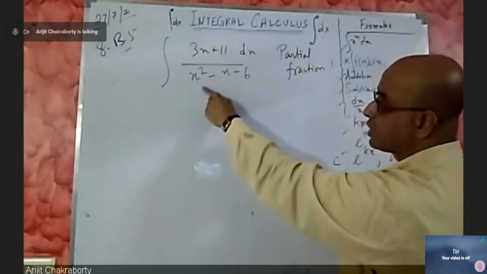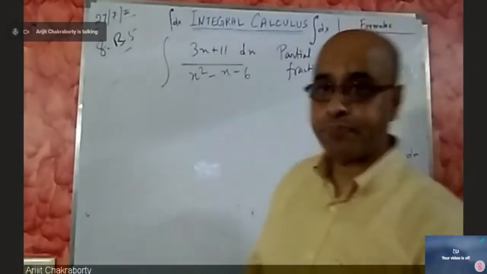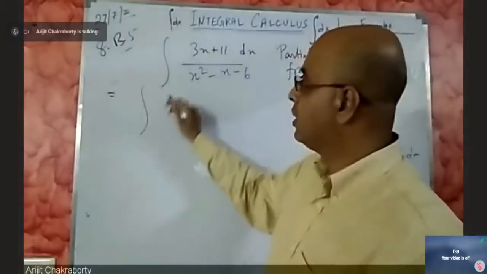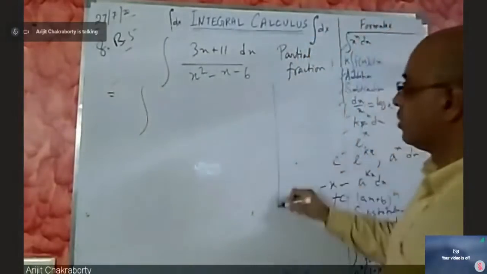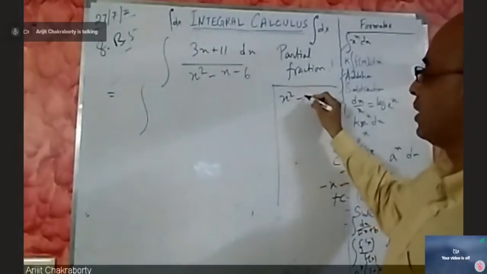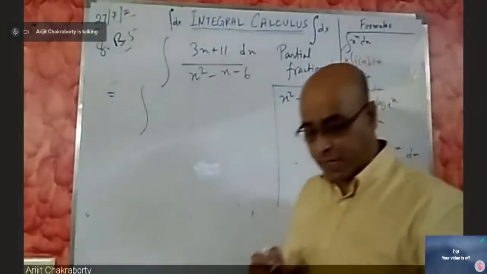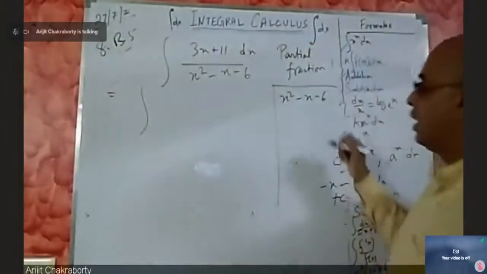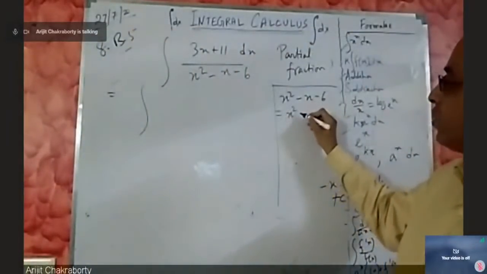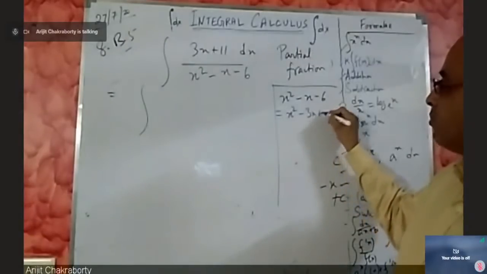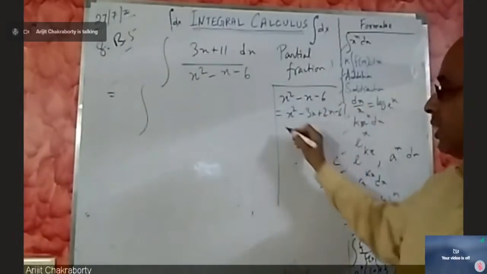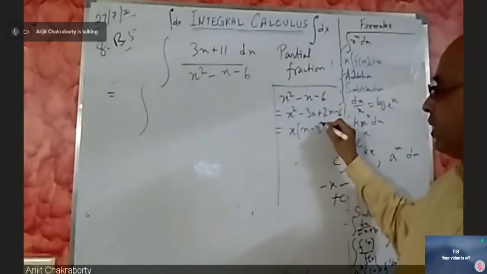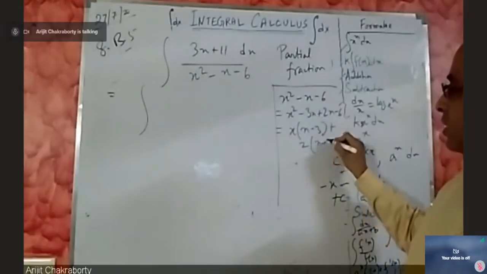Now if I break this up, what do I get? Let me work it out here: x squared minus x minus 6. If I split it up using the quadratic equation, I can write x squared minus 3x plus 2x minus 6. Taking x common, this gives x into (x minus 3) plus 2 into (x minus 3).